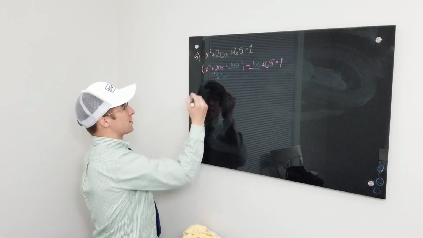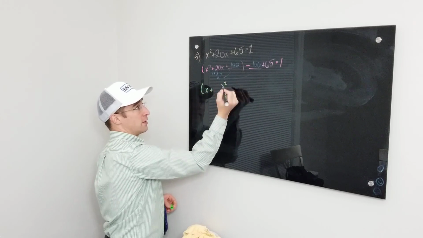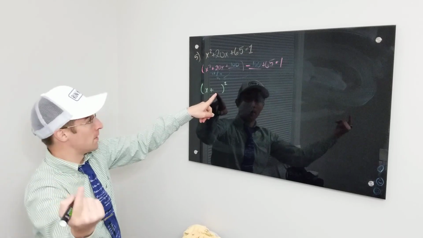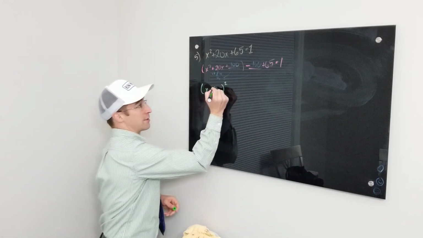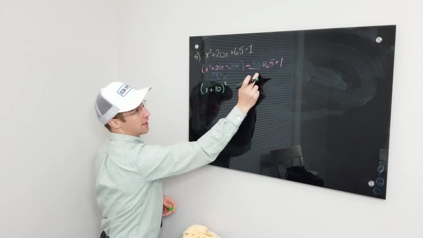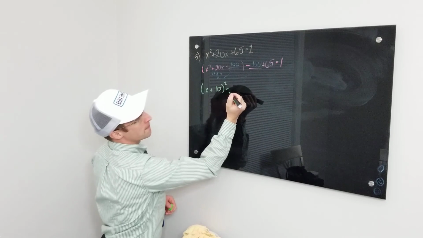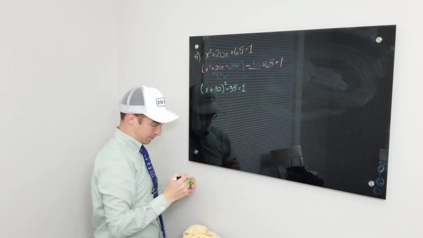So remember we can factor this to x plus, I want you to say in your head, what's going to go there, x plus squared. It's going to be this number, right? That 10, half of that. So x plus 10 squared, and then negative 100 plus 65 is going to be minus 35 equals 1.